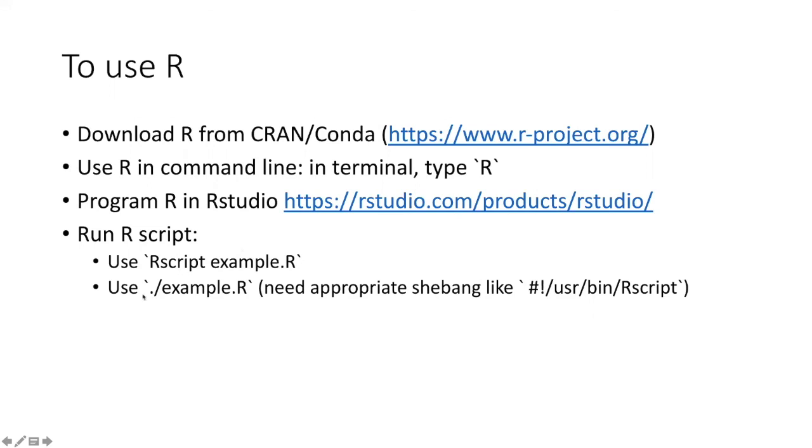And also you can directly execute this R script. But keep in mind that, similarly to when you execute a Bash script, you need to add an appropriate shebang. In this case, it's going to be the hash and exclamation mark followed by the path to Rscript, right? If Rscript is already in your environment path, then you don't necessarily need to add this. But if you want to execute the file directly, you need to add the shebang. All right.